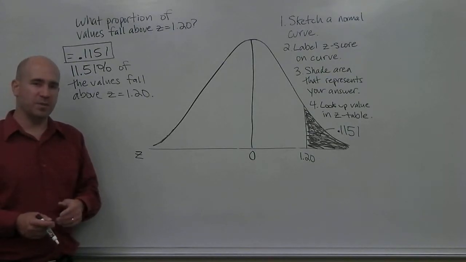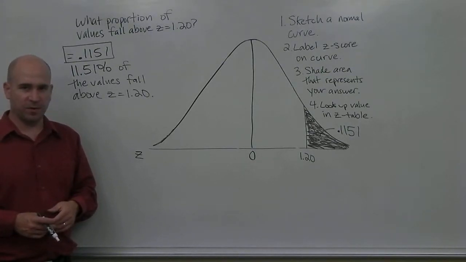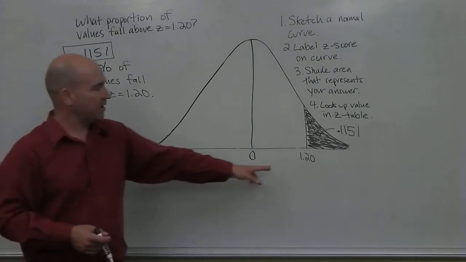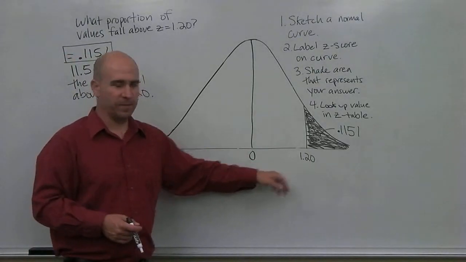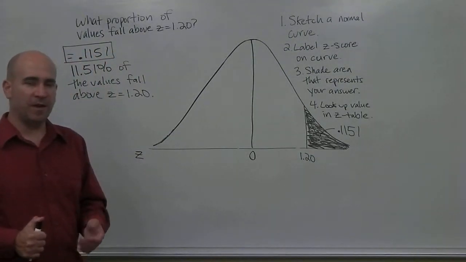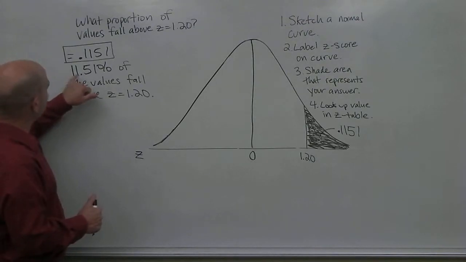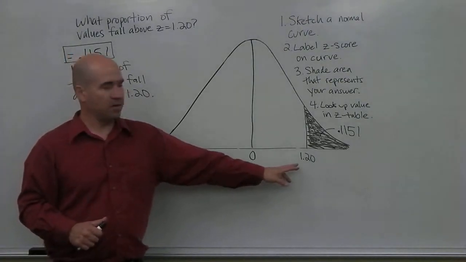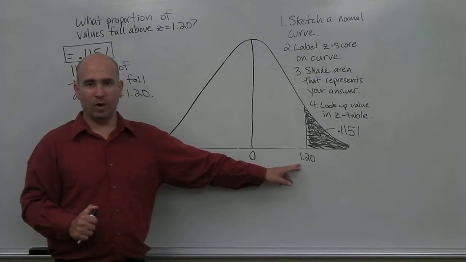But you should also be prepared to convert that to percentage form if I asked you what percentage of scores fall to the right of a z of 1.20. Then you would say 11.51% of the values fall above a z of 1.20.